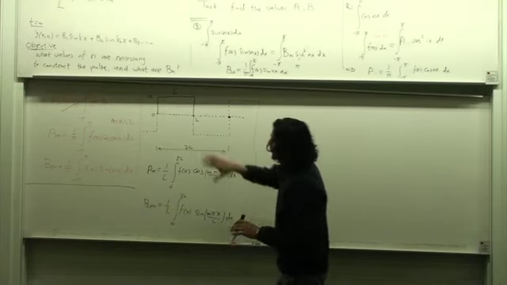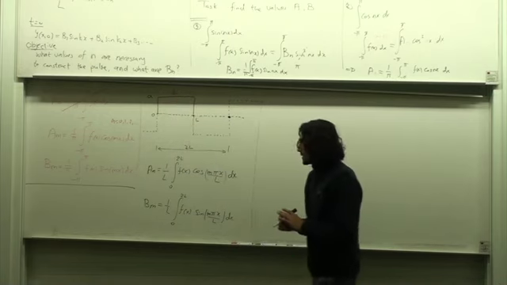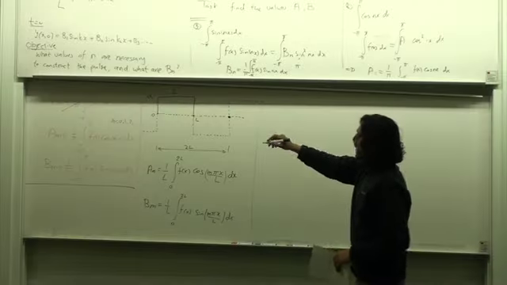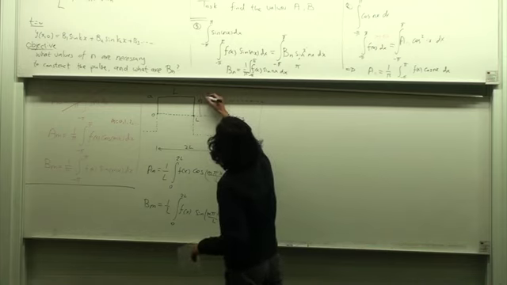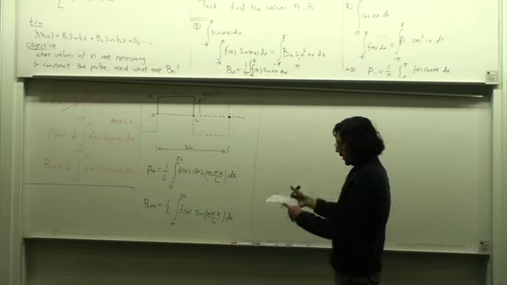So first of all, we want to describe this string at time t equals 0. Let's describe y. This is y of x and t.